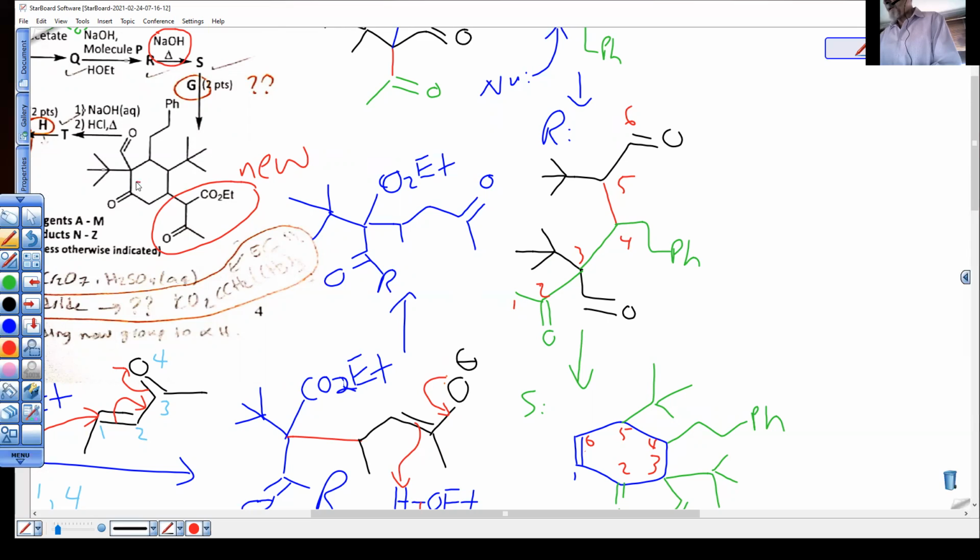Choose the carbonyl. 1 and 6 are here. 1 and 6 and 5 and 4 and 3. And yeah, the only new thing is there, and it attacked the beta position in a 1,4 fashion. So molecule G is everything I just circled there.